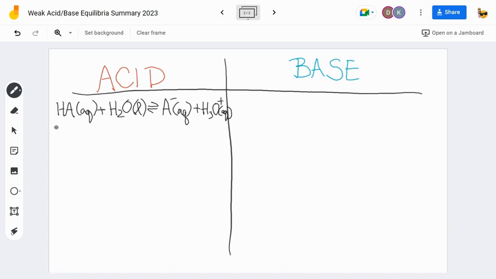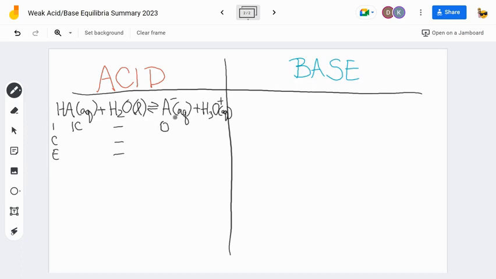So the K expression for an acid is going to ignore the water because we only include the aqueous species in these expressions. So let's do an ICE chart. The general form of an ICE chart is always going to be, you'll have some initial concentration of your weak acid. Water, we're going to put lines through because it's a liquid. It's not part of a K expression.